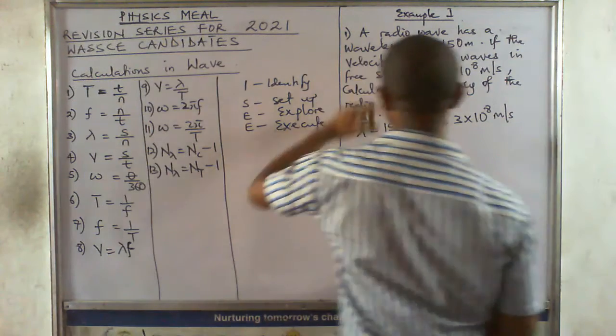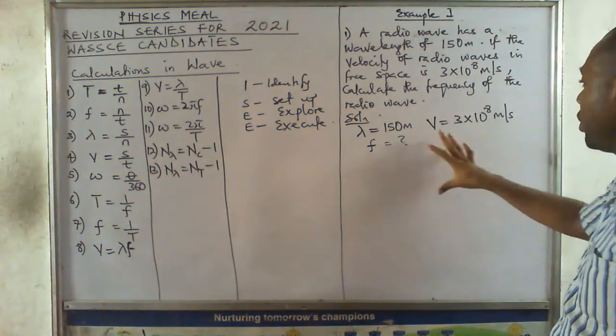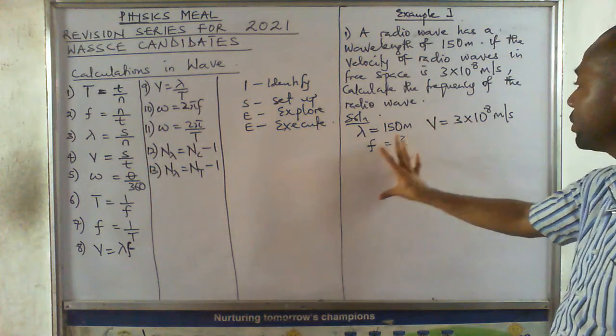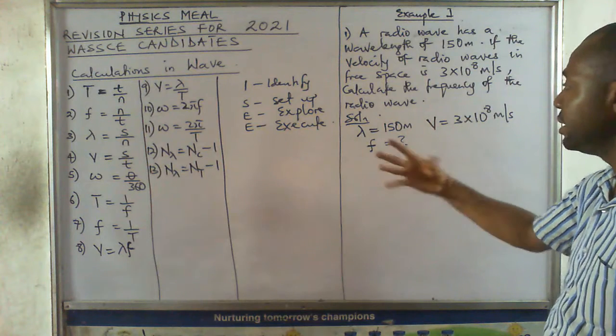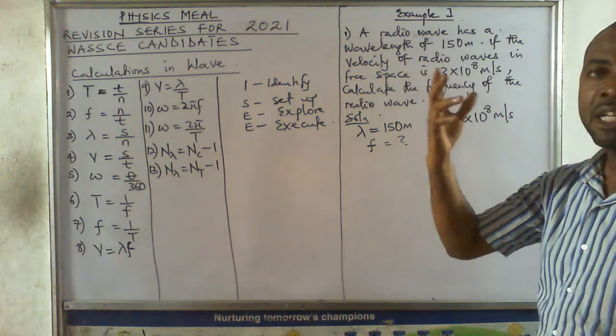So we have been able to identify the parameters or variables given to us, and we also set them up using the appropriate symbols to represent these quantities. The next thing for us to do is to start searching. The exploration.